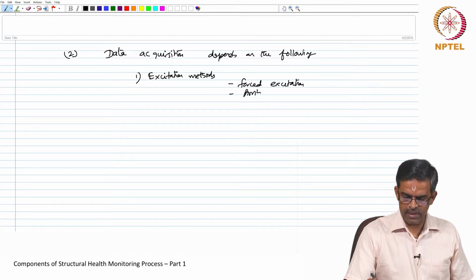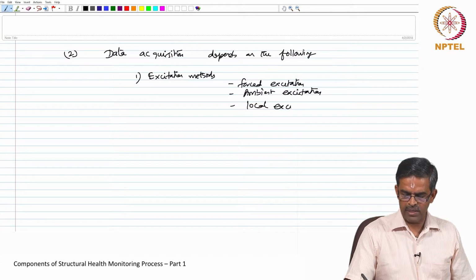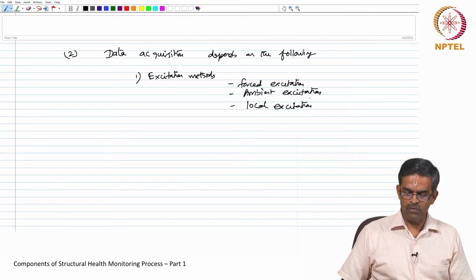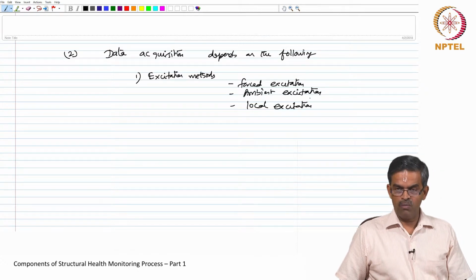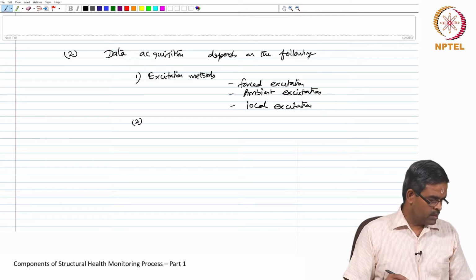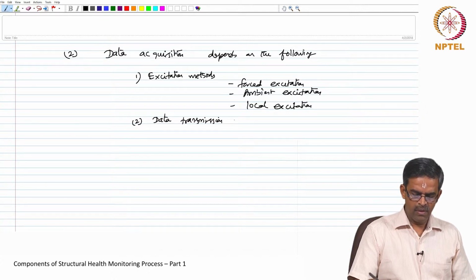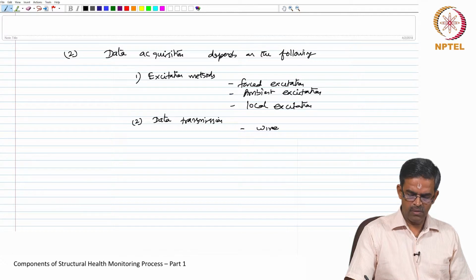Is it an ambient excitation, because in that case the frequency can be relatively low, and is it a local or a global excitation, because if it is local, the forces will be of a lower level, if it is global it may require larger forces. Second could be the problem with data transmission. Is it essentially wired or wireless?